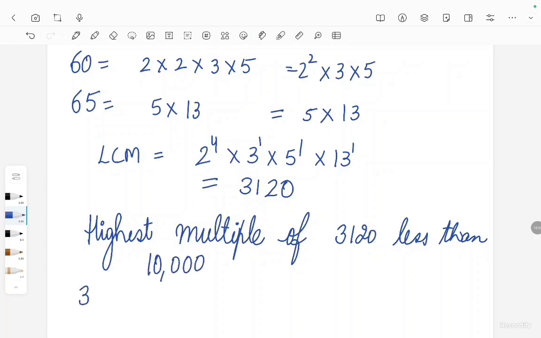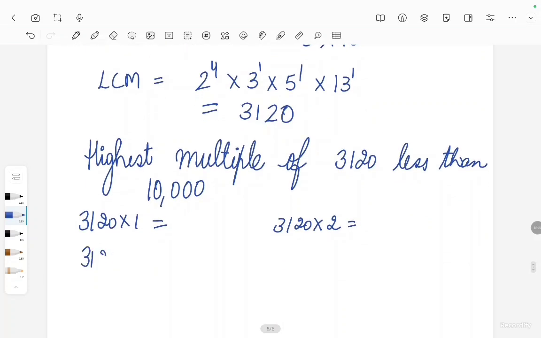Okay, we will check it. 3120 into 1, 3120 into 2, 3120 into 3, 3120 into 4.